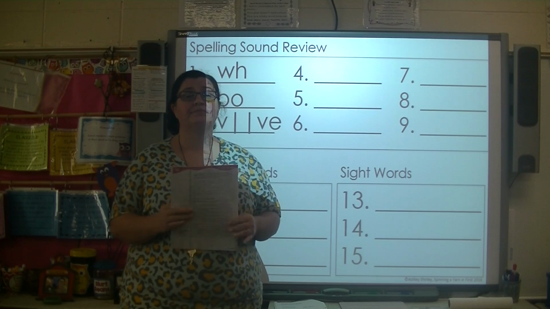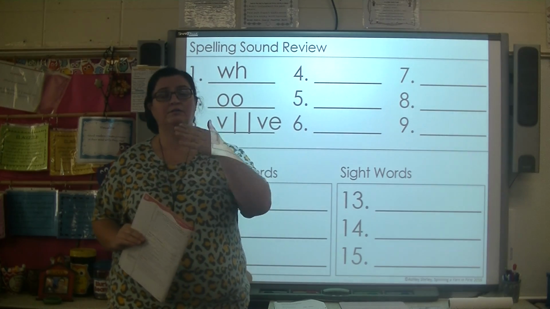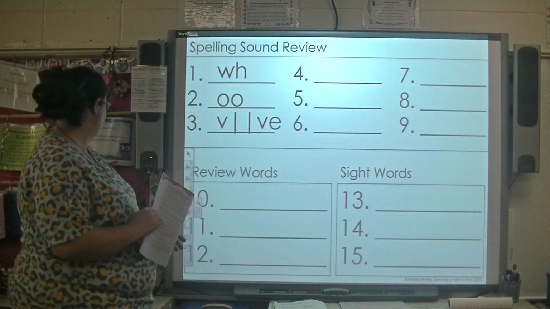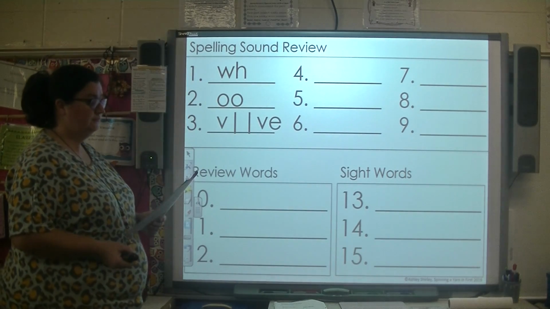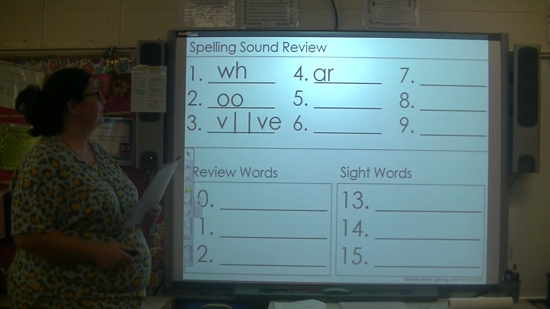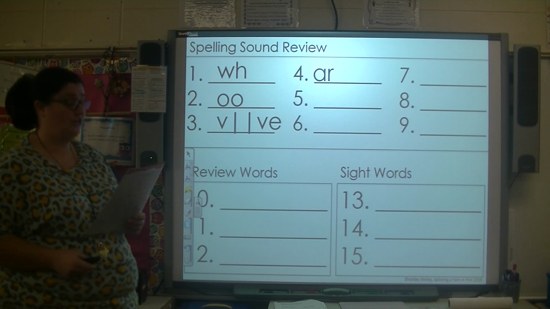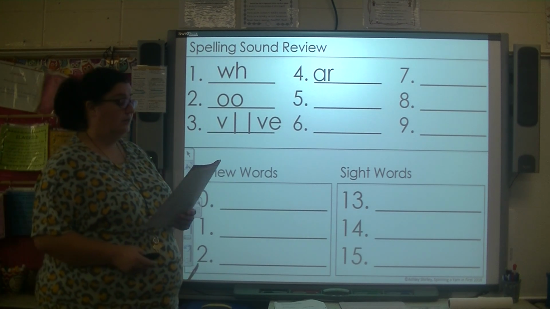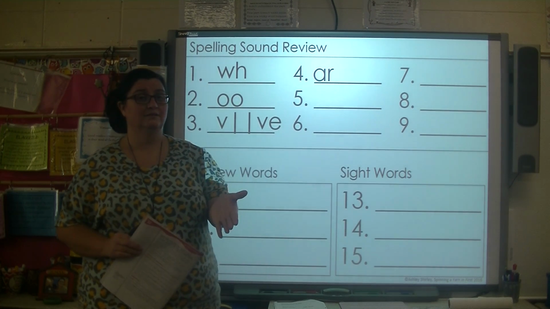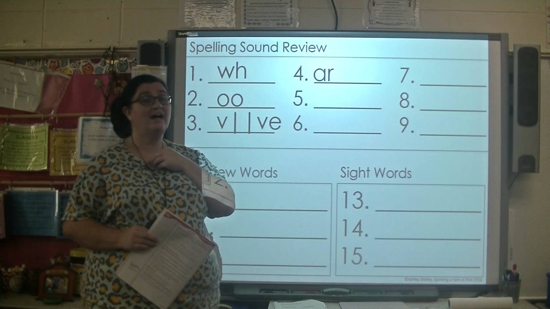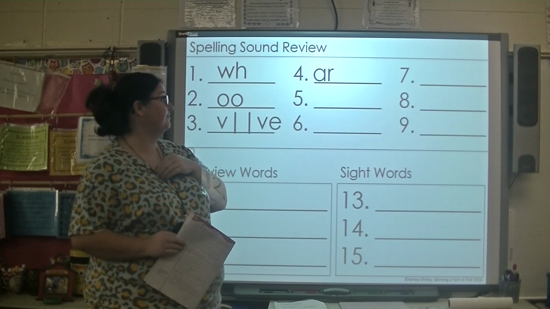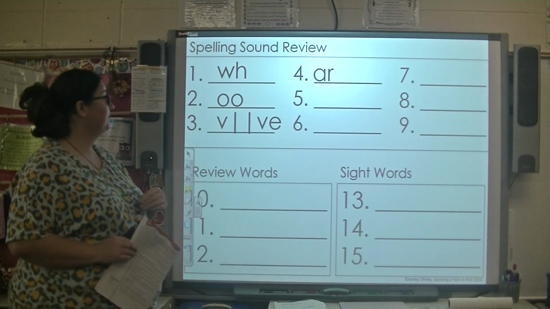Number 4, R. Yes, R. Write it. What letters? A-R, combination A-R. Number 5, I. Yes, I. Remember, we now have a spelling in the final position for that sound.